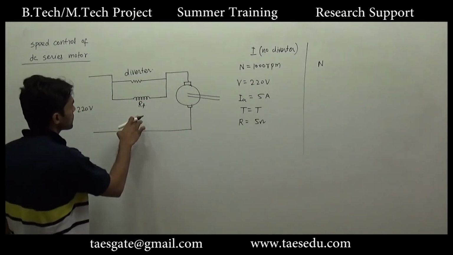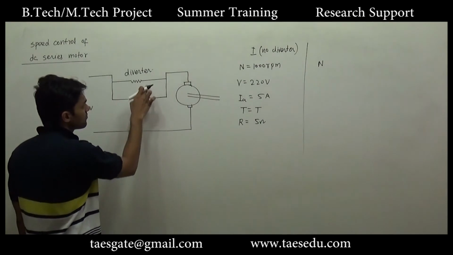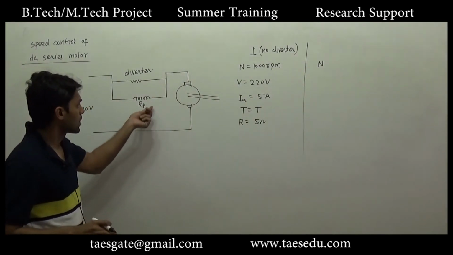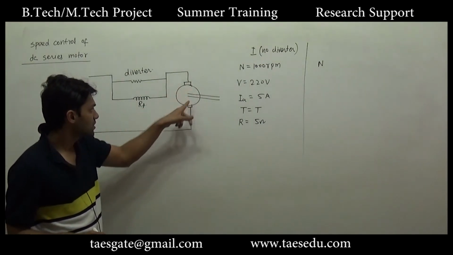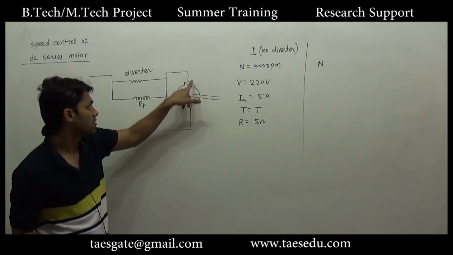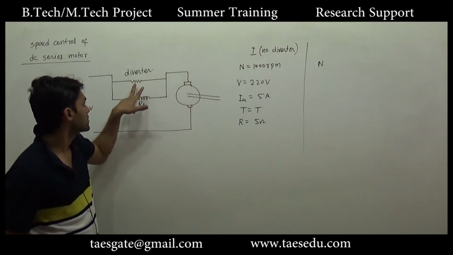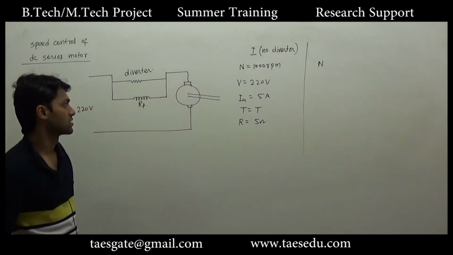You can connect the diverter in parallel with field resistance only, because the armature resistance is distributed in the armature winding. You cannot take out the armature resistance and connect a resistance parallel to it.